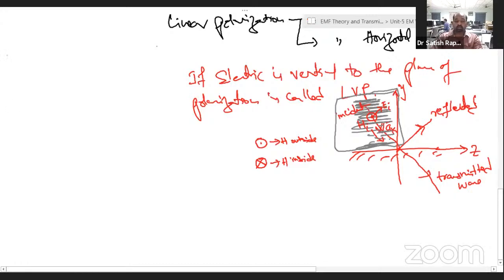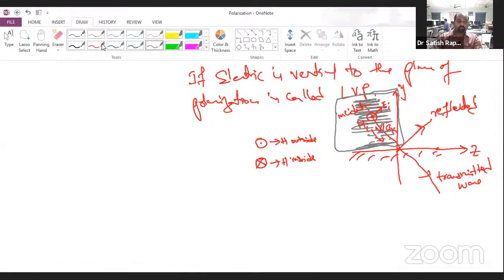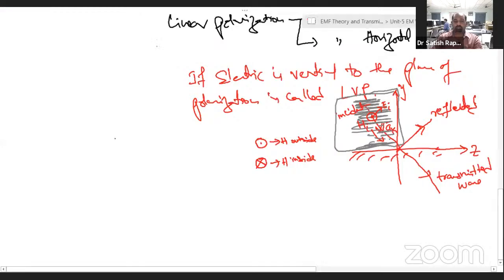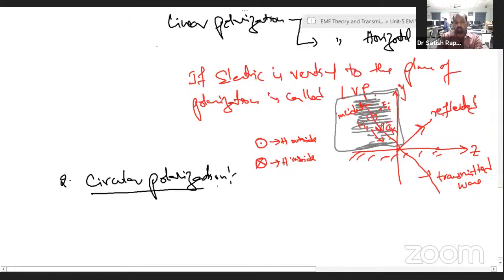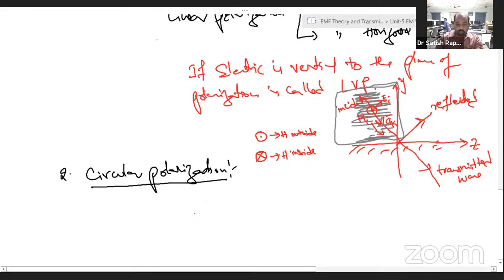And the second one is circular polarization.